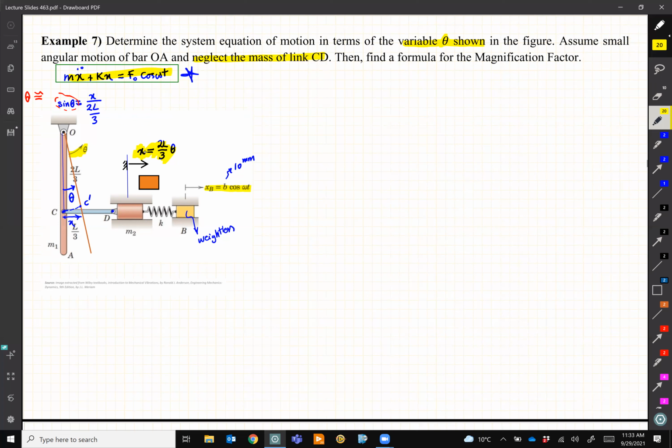Now let's draw the free body diagram. So if I draw the free body diagram for this M2, let's say I have a tension that is coming from this link. It's more like a cable, or let's call it T for now. And the reaction of this T obviously is going to be on the other side of this link.